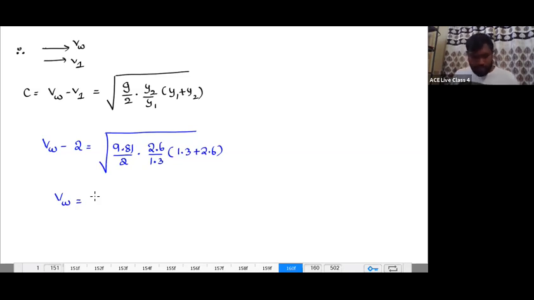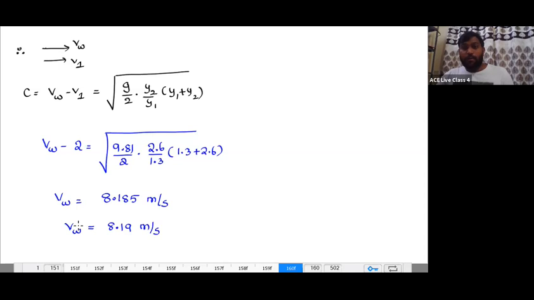So this velocity of the surge wave is going to be how much? 8.185 meter per second, and we can write 8.19 meter per second. So what is the velocity of the surge wave? 8.19 meter per second.